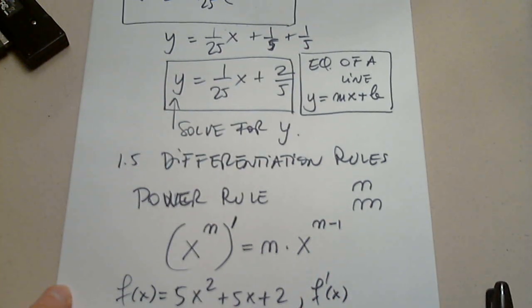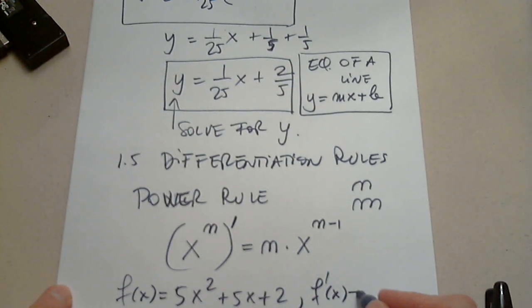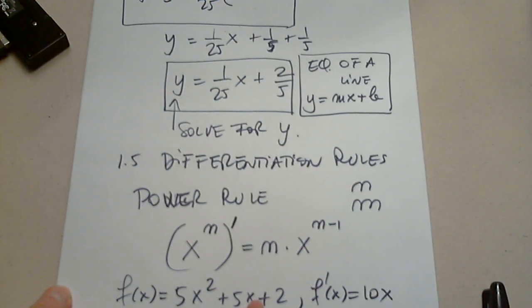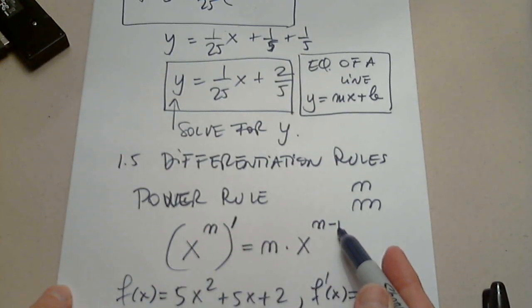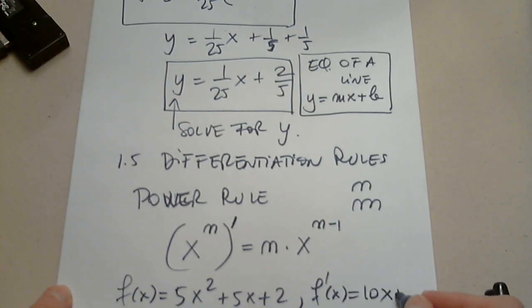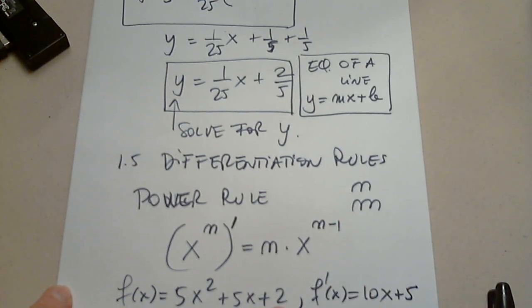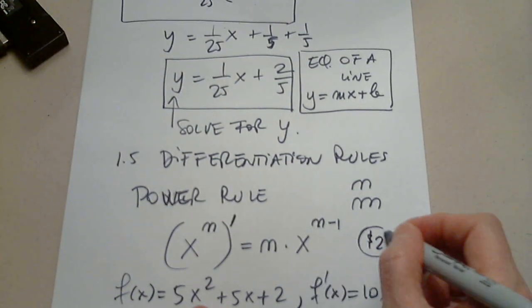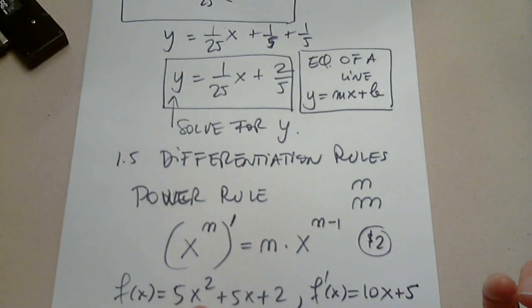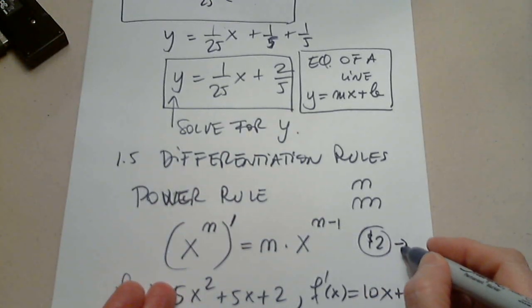When I bring down 2, I have to multiply that 2 by 5 and subtract 1 from the power. And when I differentiate 5x, x to the power 1, 1 minus 1 will be 0. So x disappears. So it's just plus 5. And the derivative of a constant, if you have $2 in your pocket and you don't add and you don't subtract from it, the rate of change is 0.